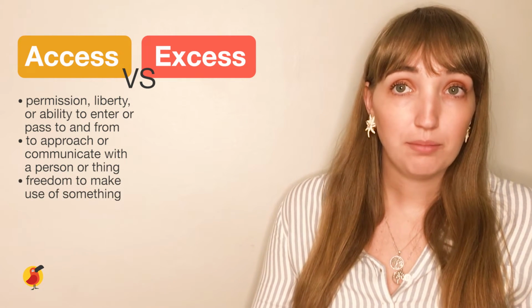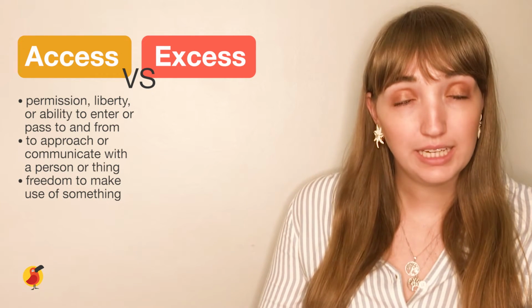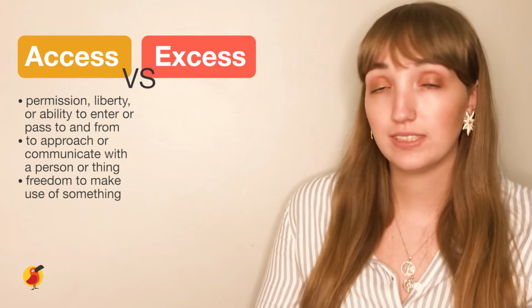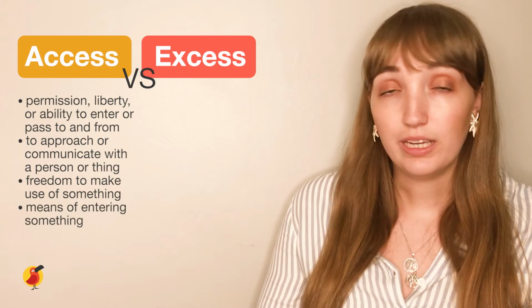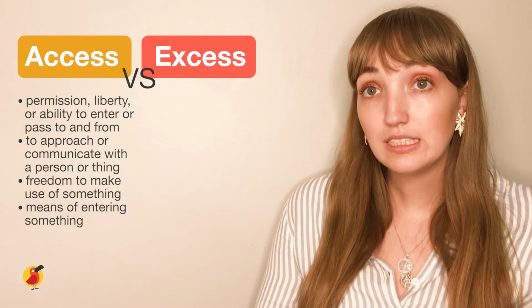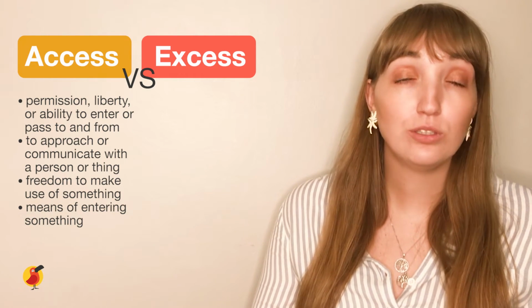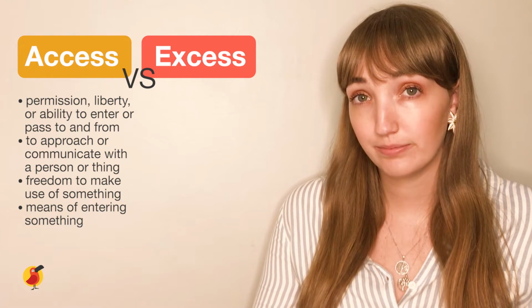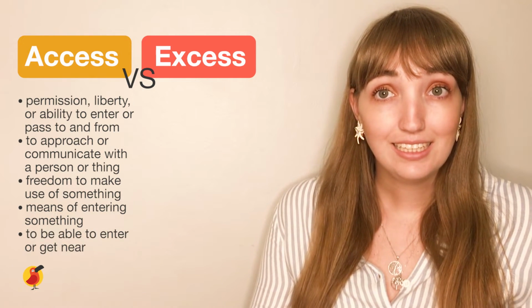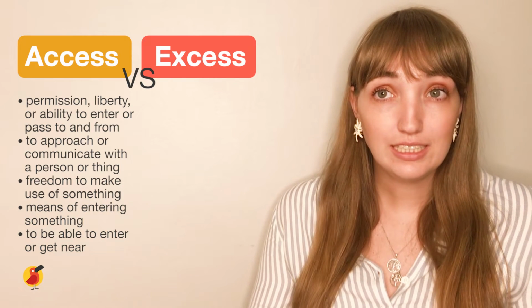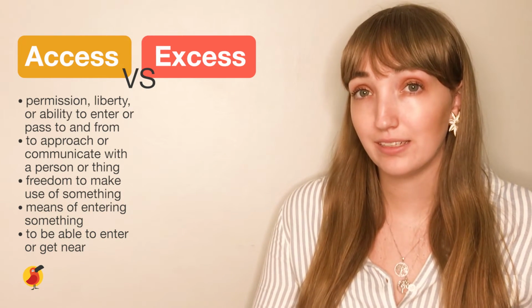Or the freedom or ability to obtain, to make use of something. We can also say it would be the means of entering or approaching someone or something. And lastly, to be able to use, enter, or get near something.